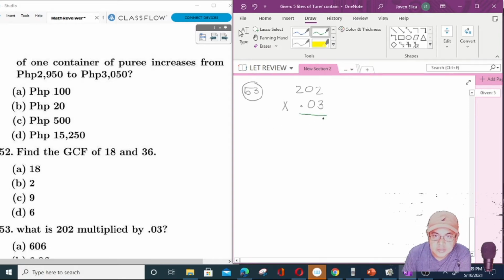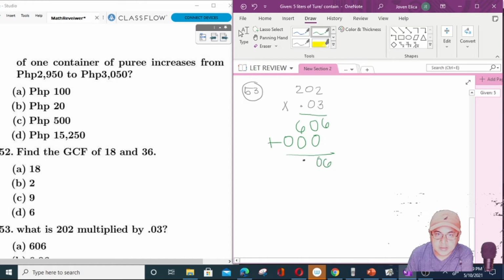So 2 times 3 is 6, 3 times 0 is 0, 2 times 3 is 6, and then 0, 0 and 0, then add 6, 0, 6, then no need to write.